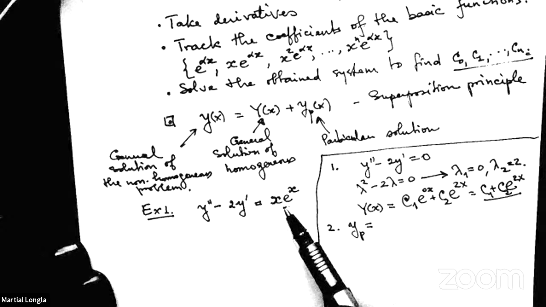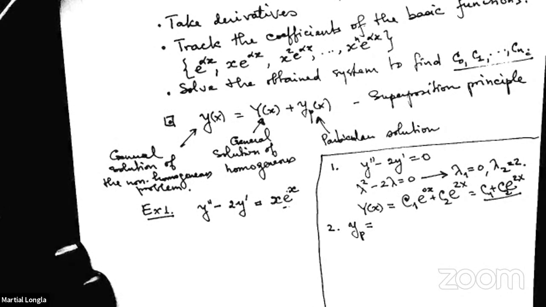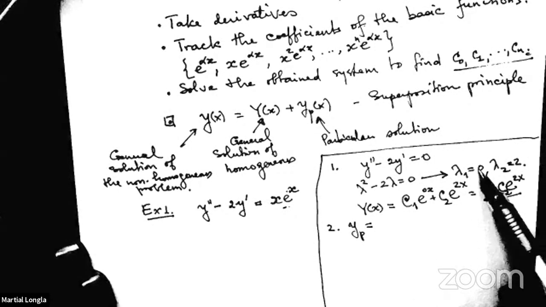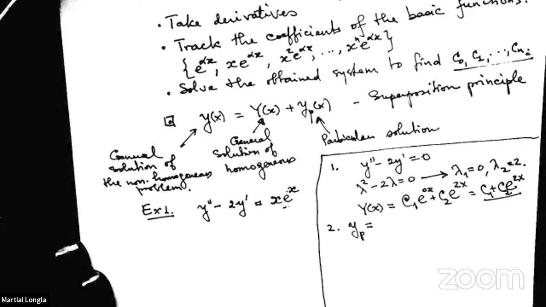Alpha is what is in front of x here, it's 1. So alpha is 1 in this problem. And you look at the solution of the homogeneous, it's 0, 2. 1 is not there. That's what we are checking in that first case. 1 is not a solution of the homogeneous problem.